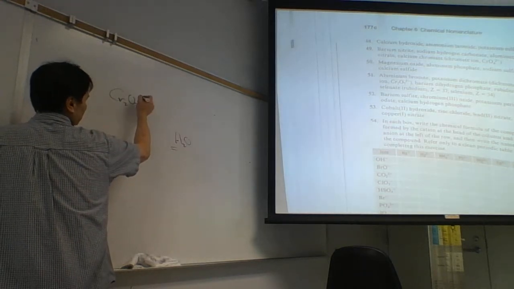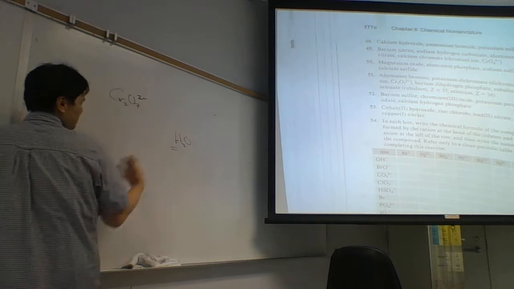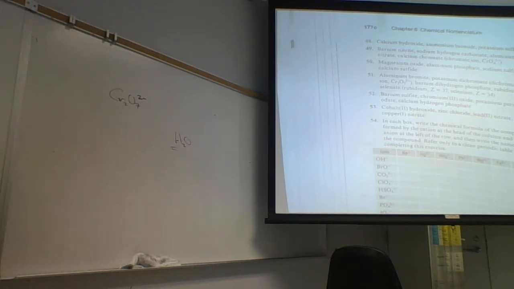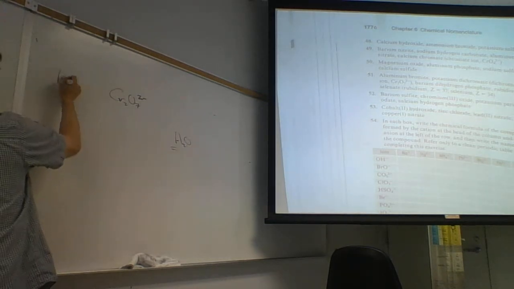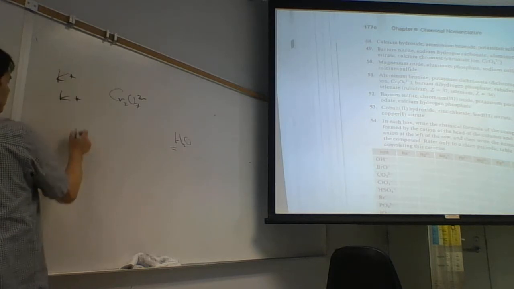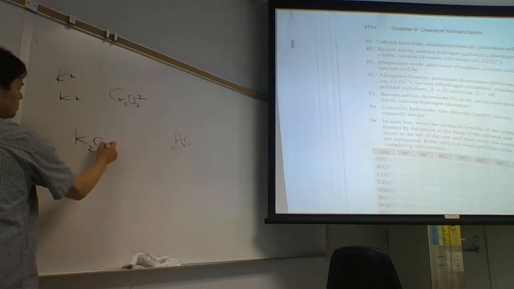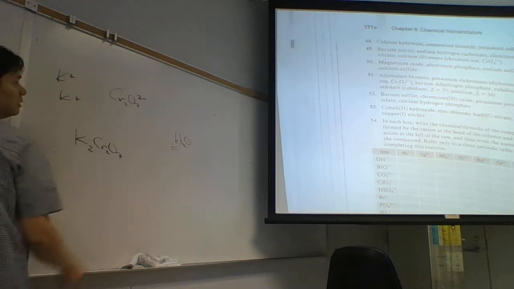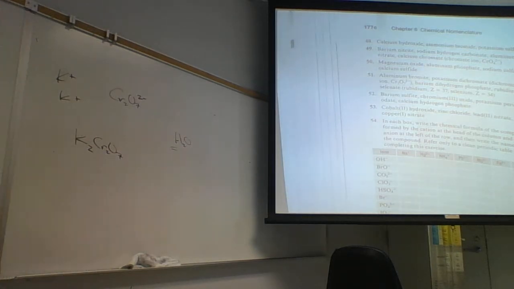Because of the bond, the charge is 2 minus because of the way they're linked together. You'd think it'd go 4 minus, but it doesn't because of how they link together. So Cr2O7, 2 minus. Potassium is K plus, and so potassium dichromate is K2Cr2O7. It's used in leather tanning a lot.